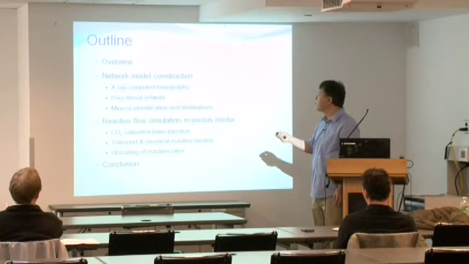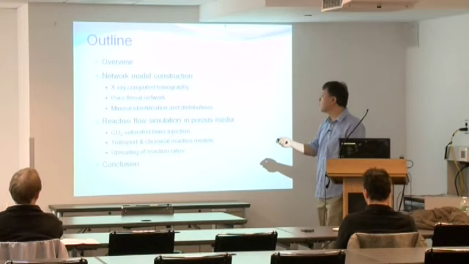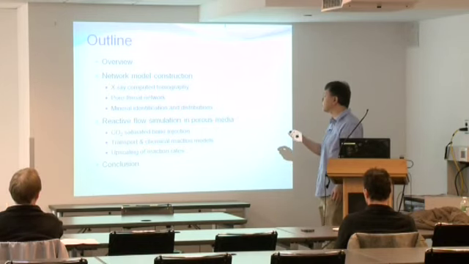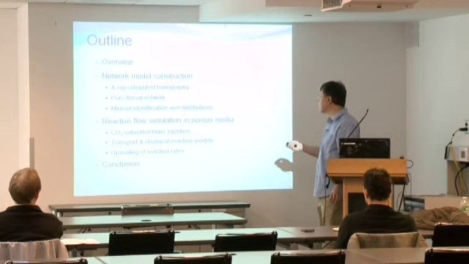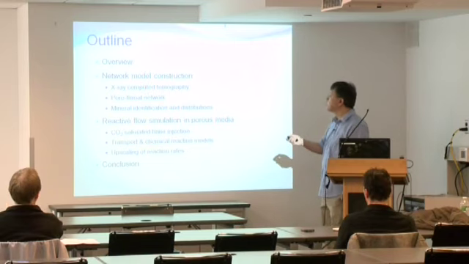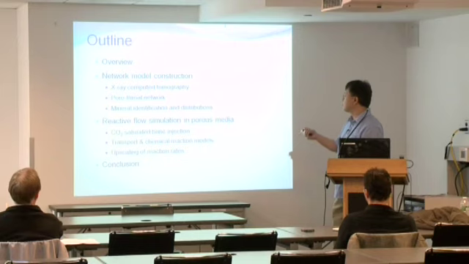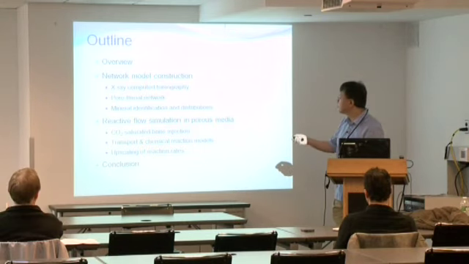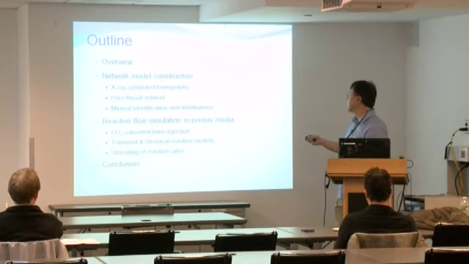We have seen the overview, and next I'm going to talk about the network model construction and the reactive flow simulations in porous media. For a realistic network model construction, X-ray computed tomography of real rock samples is used. The next step is the pore network construction, and the mineral information is added to the network model for reactive flow simulations.